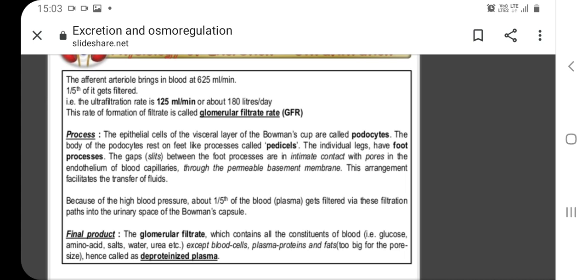The glomerular filtrate contains all constituents of blood like glucose, amino acids, salt, water, urea, except the blood cells, the plasma proteins and fat, because their size is bigger than the size of the pores.